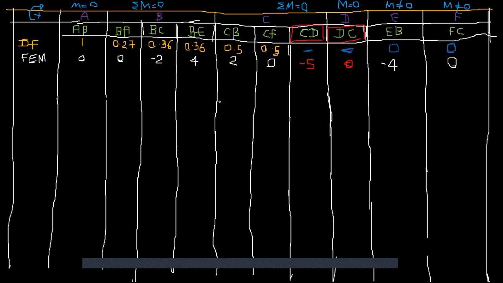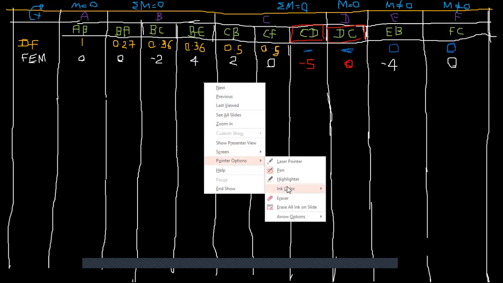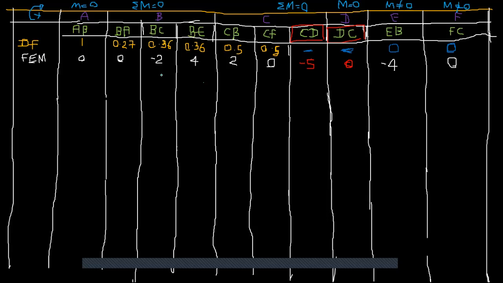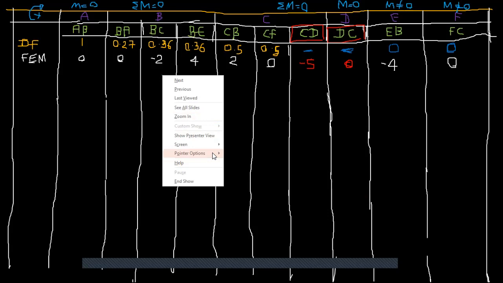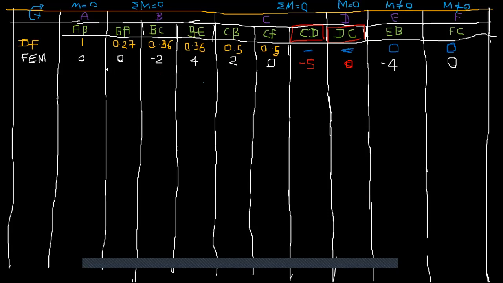So I need to add anti-clockwise 2 to balance that. That means I have to add minus 2. I'll do it in white color. I need to add minus 2, right?